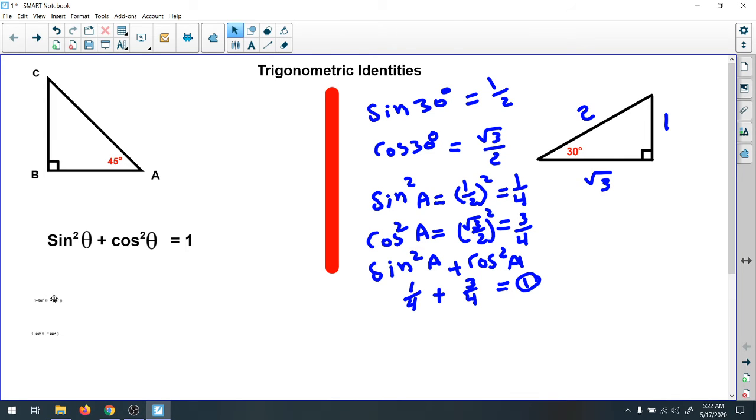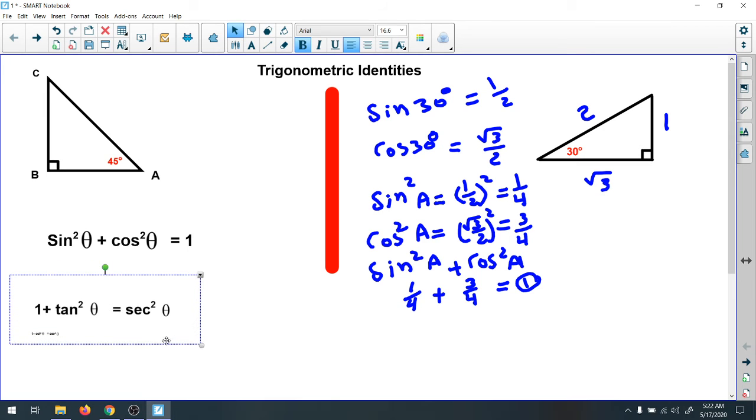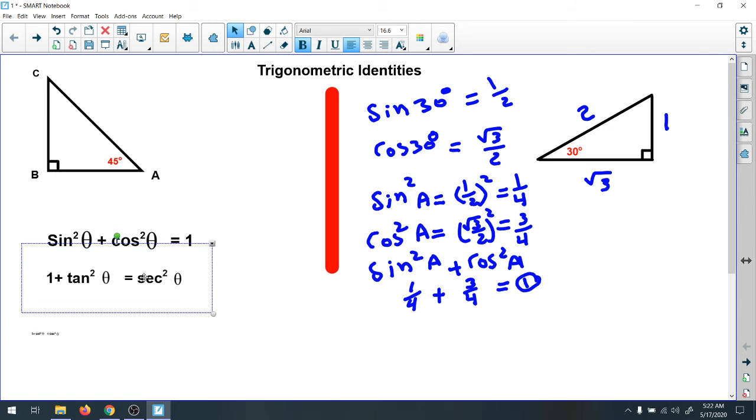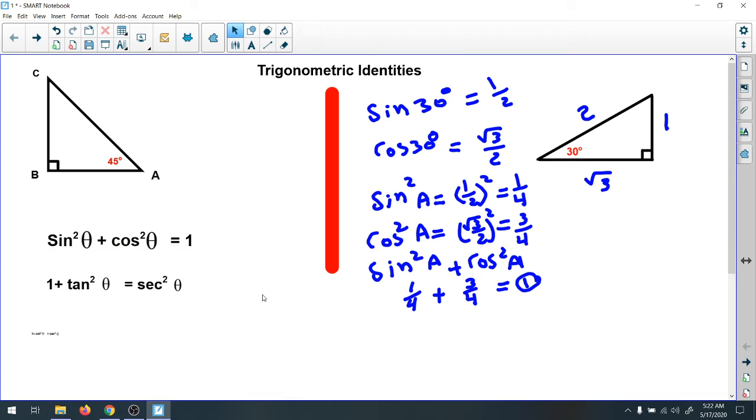And the second identity I want to show you is 1 plus tangent squared equals secant squared. How do you prove that? It's easy. How to get tangent squared? Just divide all terms by cosine squared.